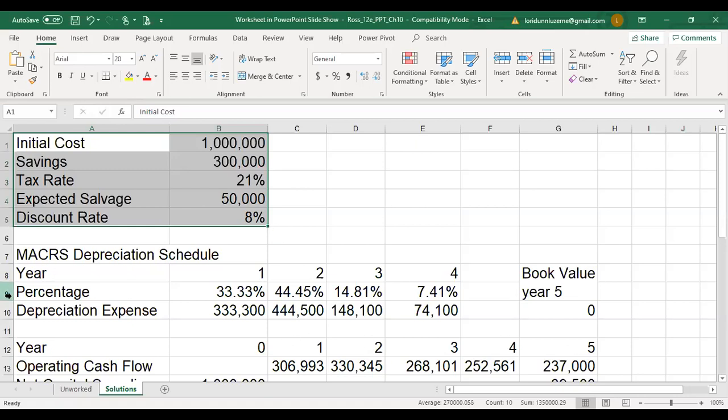Let's calculate the depreciation each year on that $1 million using our 3-year column in our table on page 323. The author already populated these cells with the percentages. Now just take the $1 million, and I'll show you the formula here.